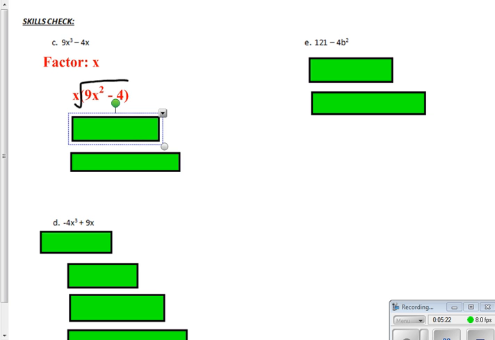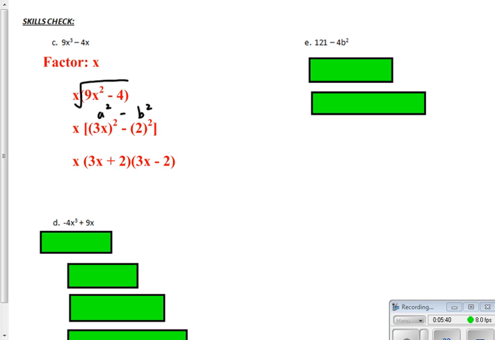When we do that, the next step is that we have x on the outside still being multiplied to everything on the inside, and we have (3x) squared minus 2 squared. This being our a value, this being our b value, we can go ahead and wind up with x on the outside, and in parentheses (3x plus 2)(3x minus 2).